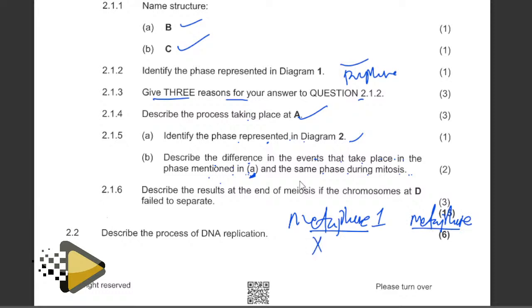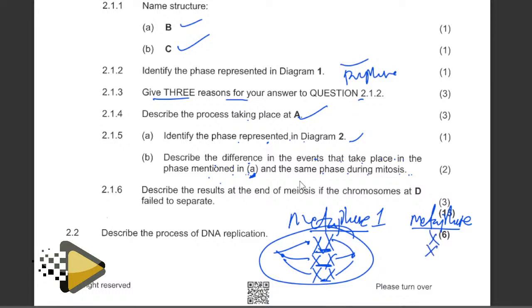Here, chromosomes align along the equator in homologous pairs randomly. You see, randomly. While here, individual chromosomes align along the equator singly. In actual sense, they're asking you about meiosis 1 and meiosis 2 of the same phase.